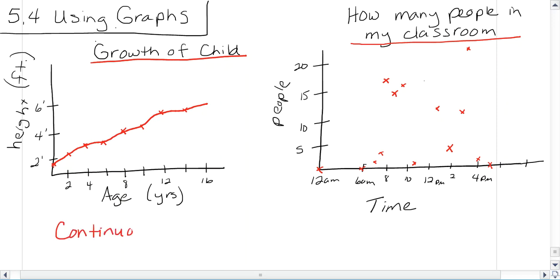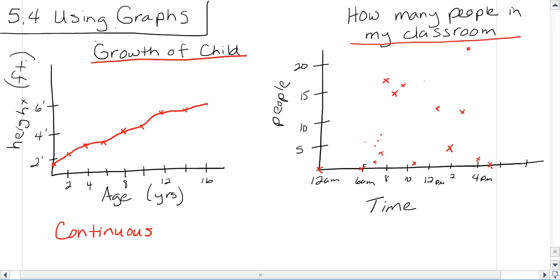I like to say you don't pick up your pencil to draw a continuous graph. You connect the dots. But this one, how many people are in my classroom, at no point in time were there 5.5 people in my room. It went from 5 people to 6 people to 7 people.